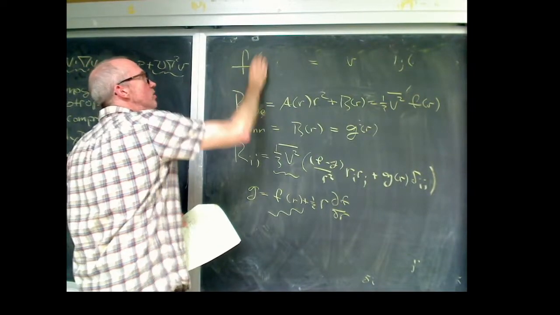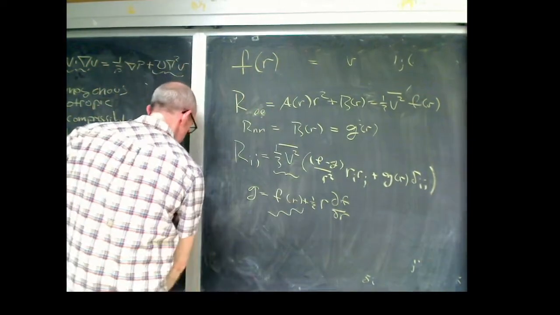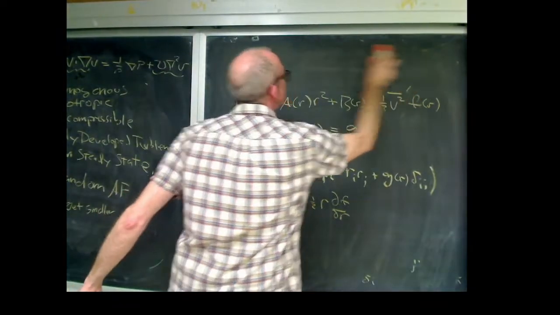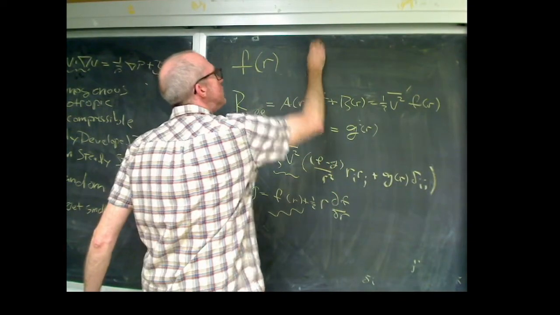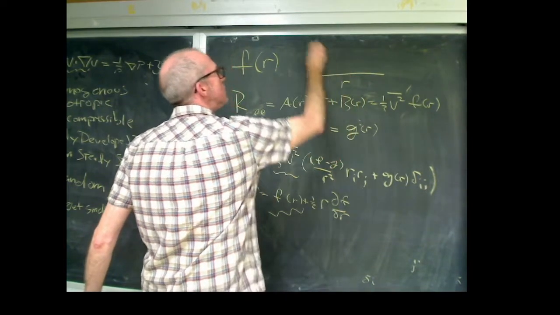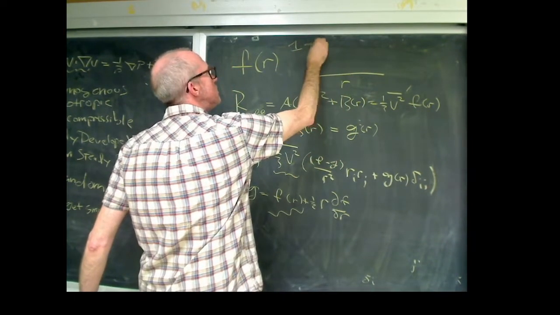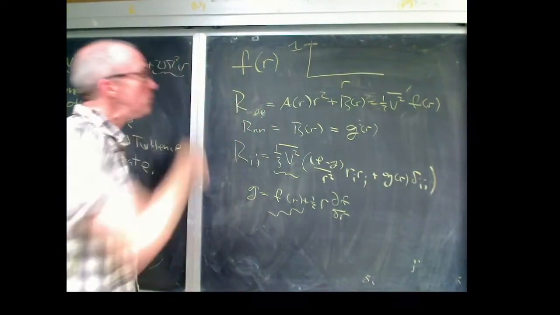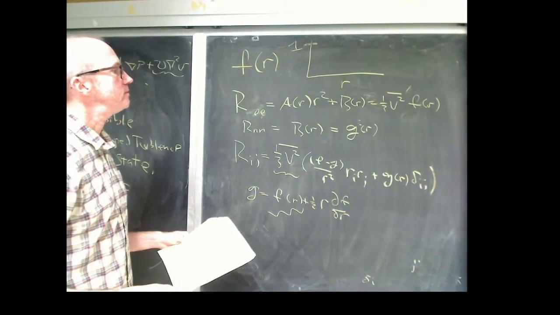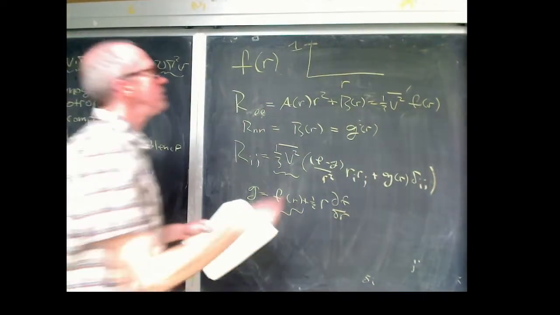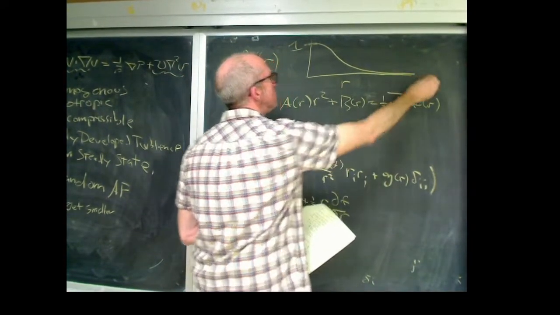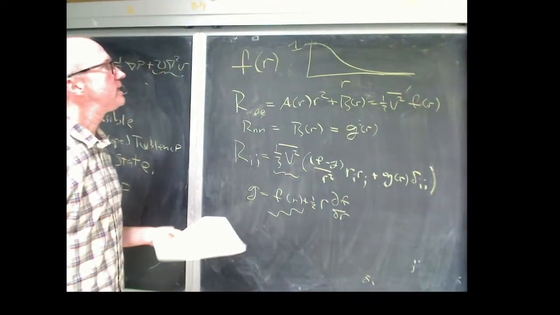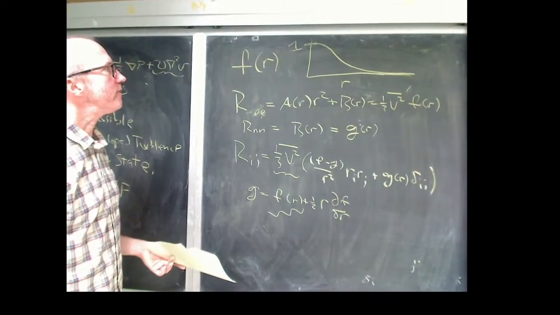We know, though, how it should look. We know that f of r is going to be 1 at 0 by construction. And we know that it's going to fall off and go to 0. So it's going to have some function like this.